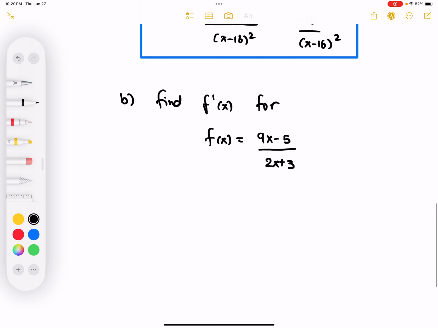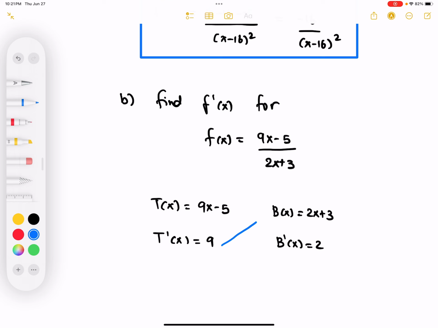First I have to identify what T of x is. The top function is 9x minus 5 and its derivative is positive 9. The bottom function is 2x plus 3 and the derivative of the bottom function is just 2.